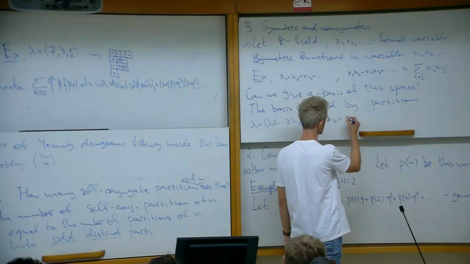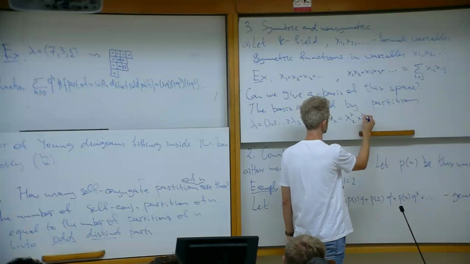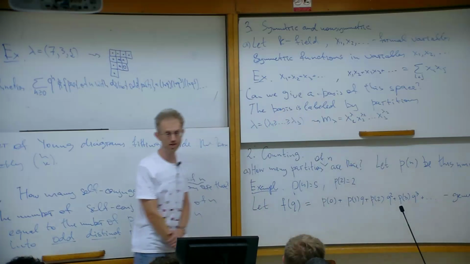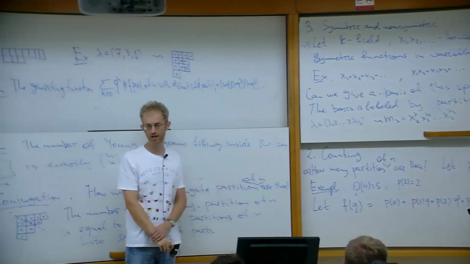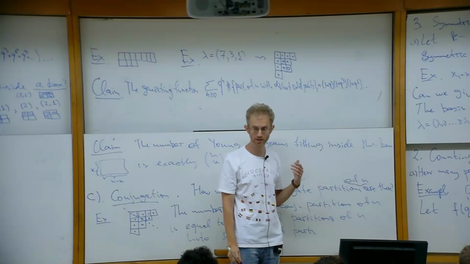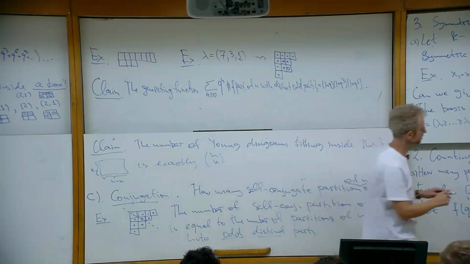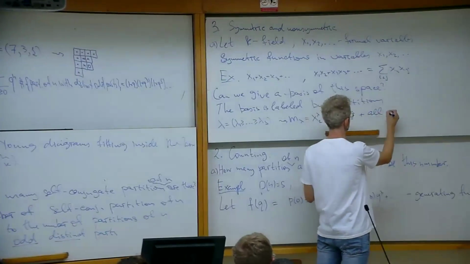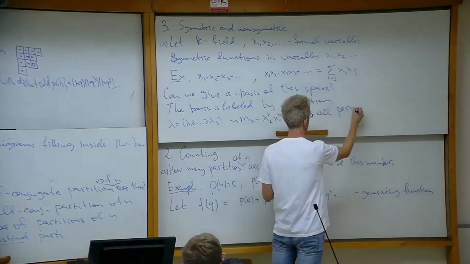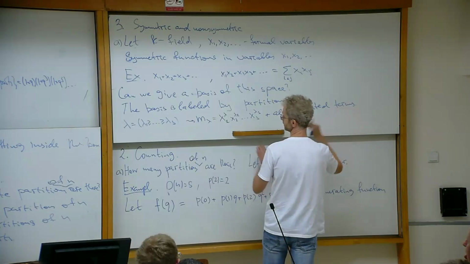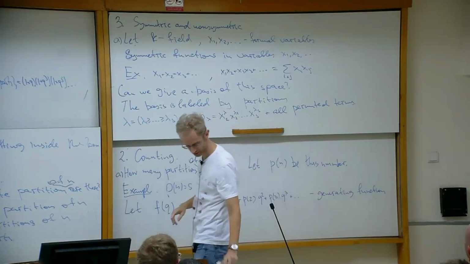Let me start by writing x1 to the lambda 1, x2 to the lambda 2, up to xs to the lambda s. All my lambdas are positive integers, so this is just a monomial in my x's. And then I start symmetrizing it, plus all permuted terms. Let me give you an example so you can see how it works.